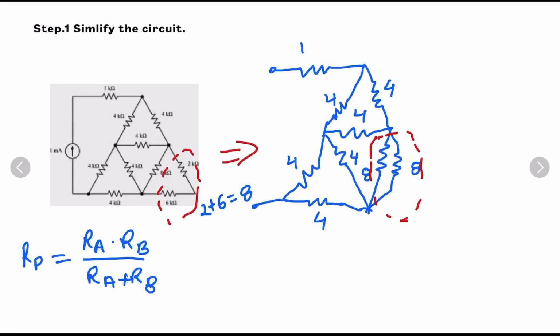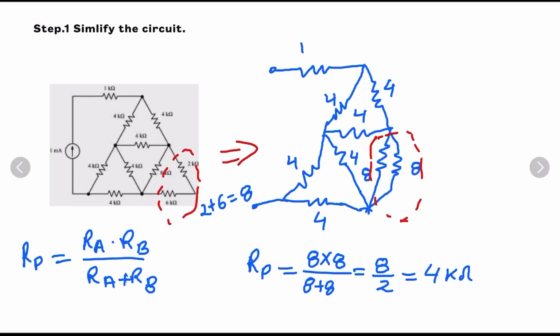So we are going to apply this formula and RP will be 8 into 8 upon 8 plus 8. So it will be 8 divided by 2, that is nothing but 4 kilo ohm.